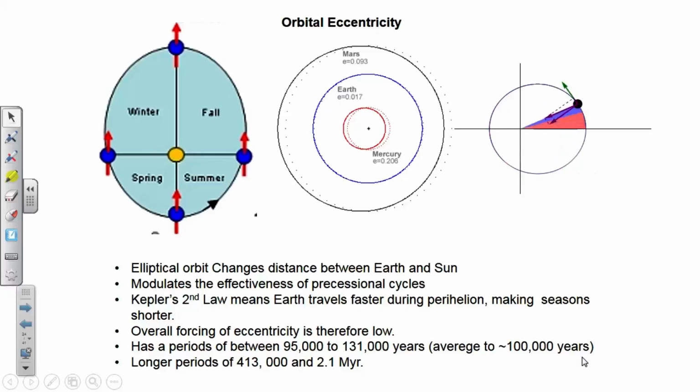So although this season here will be warmer, it will also be shorter. Whereas the season over here will be colder, but it will be longer. So these effects can cancel each other out, or magnify them, depending on what precession is doing at the time.